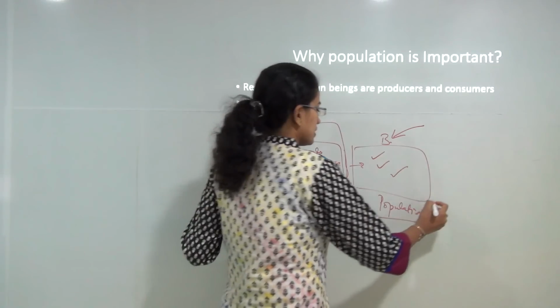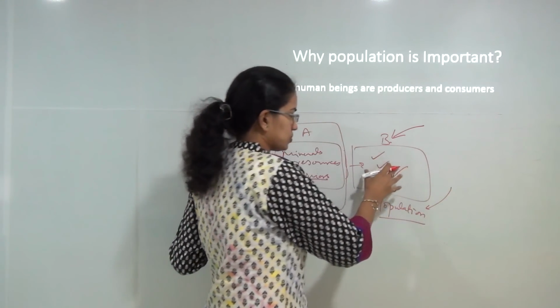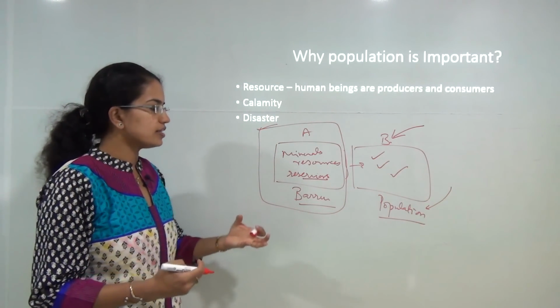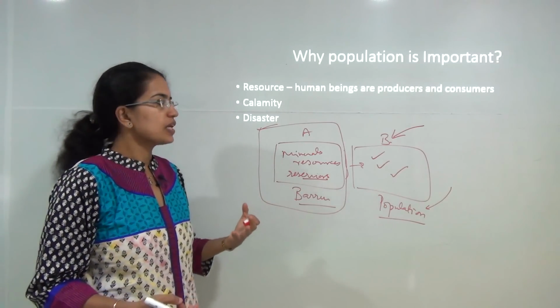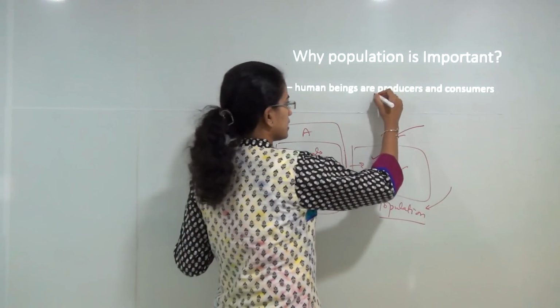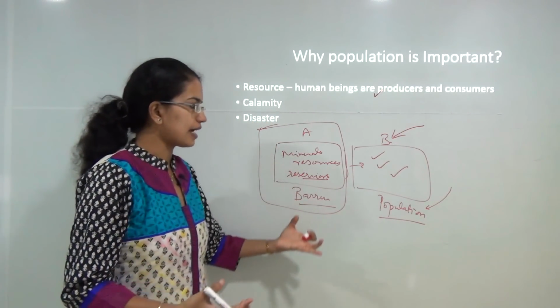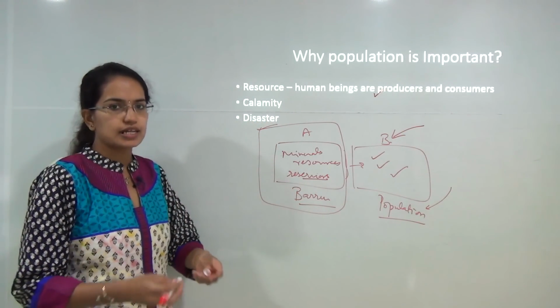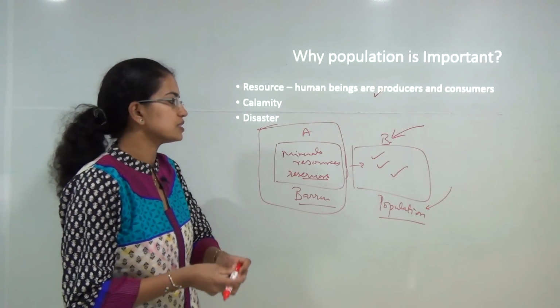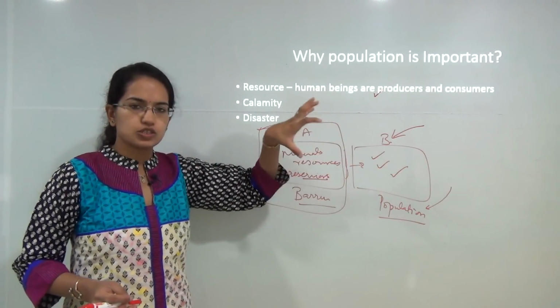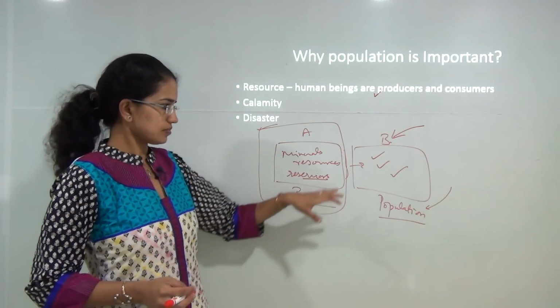Now it's important to understand these resources make meaning only if you have someone who can use them. So human beings, I can say, are the best producers because they will start mining activities, agriculture or industrial establishments and act as producers for the existing resources that are present there.